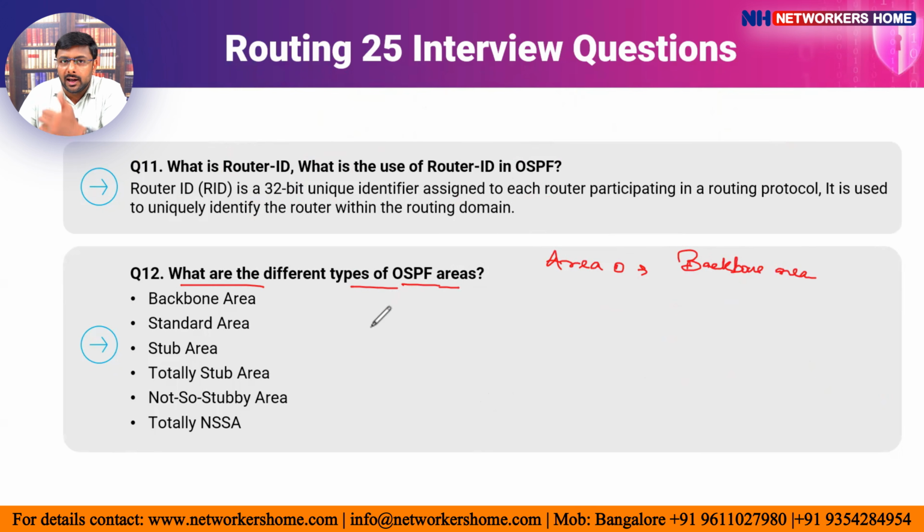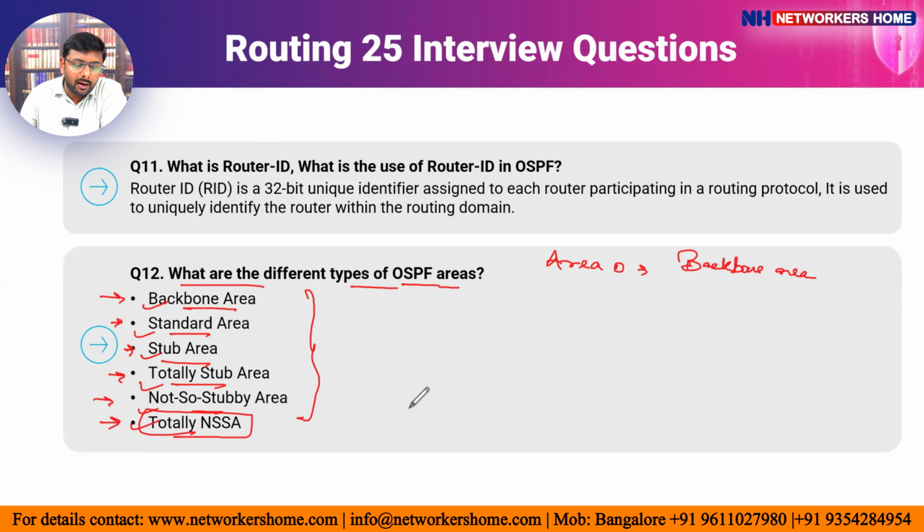The different types of areas in OSPF are backbone area, standard area, stub area, totally stubby area, not-so-stubby area, and totally NSSA. If you are interested in knowing about all these types of areas, you can comment, and we'll make a separate video for that.